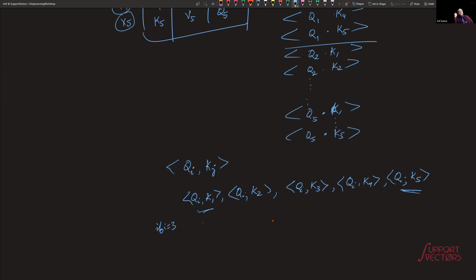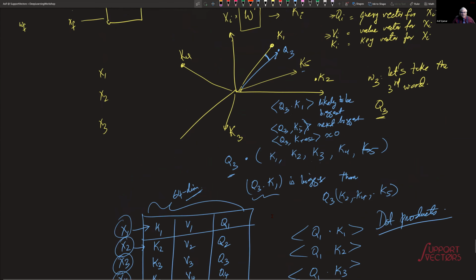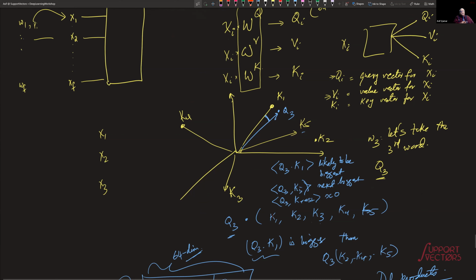So here is one intuition for key. Think of key. The key of a word is its location in the vector space, right? Go back to the intuition here. Do you notice that the Ks are, in some sense, the locations, the address of each of the words in that vector space? Right? So that's a rough intuition you can carry.